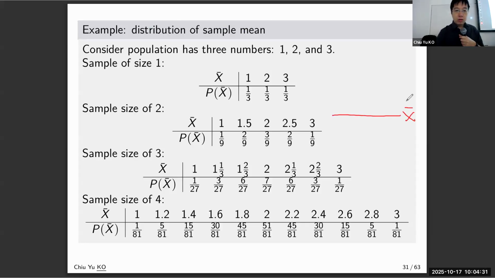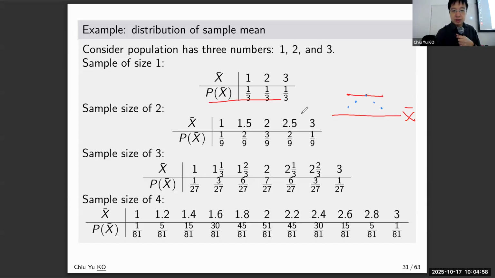When you have one sample, it's likely 1/3, 1/3, 1/3, like a flat distribution. And if you have two, the distribution will look like this, one knife, two knife, three knife, one knife, three knife.